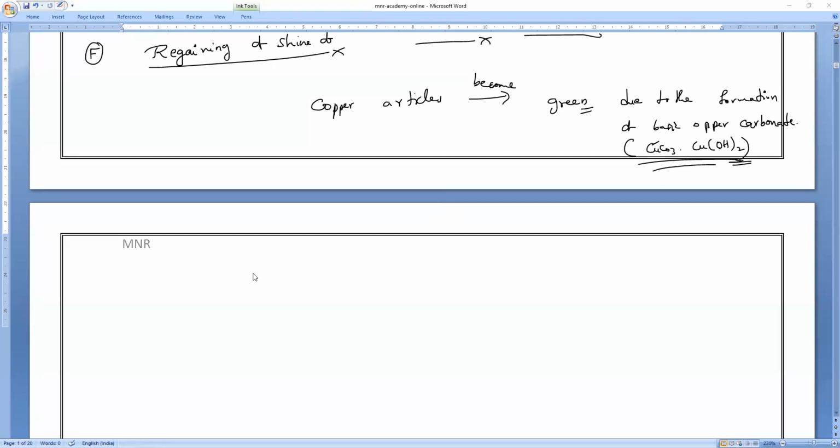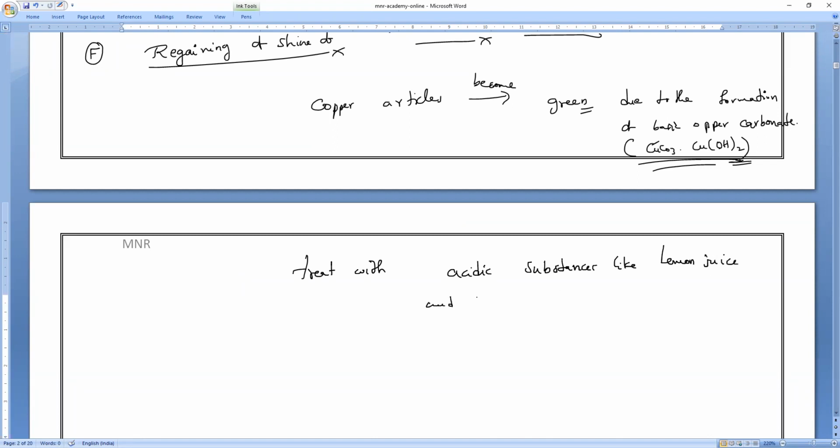Or else, for regaining the shining appearance, what do we have to treat it with, guys? Treat with acidic substances, like lemon juice, or you can treat it with vinegar. So what will happen?